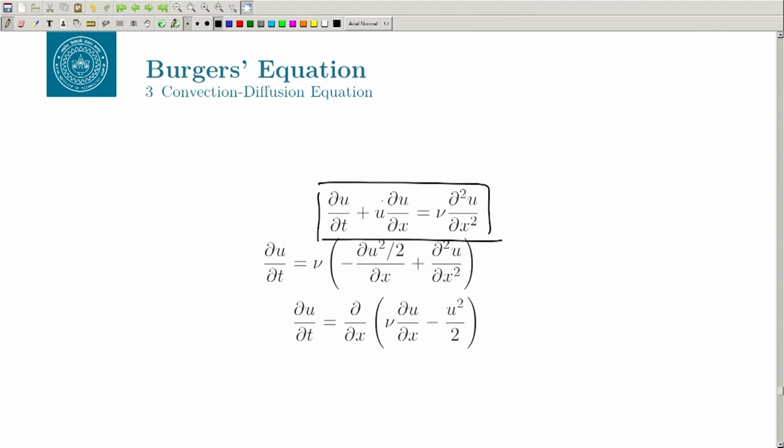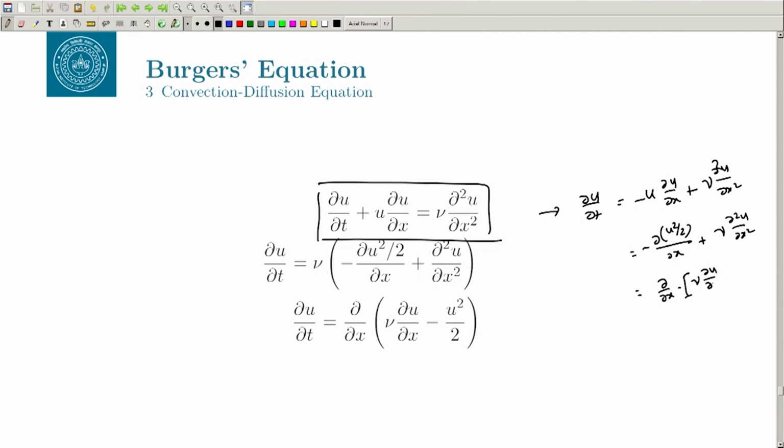So, you can write this equation. You can take all the del by del x terms on the right hand side, that will become minus u del u by del x plus nu del square u by del x square, and this can be further written as minus del (u square by 2) by del x plus nu del square u by del x square, and that you can write as del by del x of (nu del u by del x minus u square by 2).